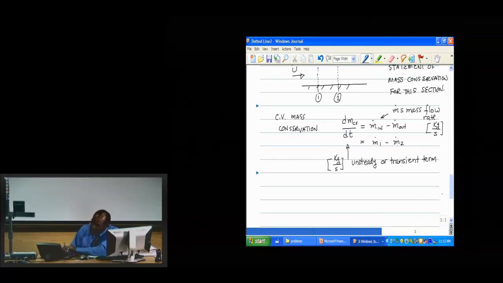So for us, a steady process is one in which there are no transient effects. Said differently, or perhaps simpler, it is one in which there are no changes in the properties with respect to time.